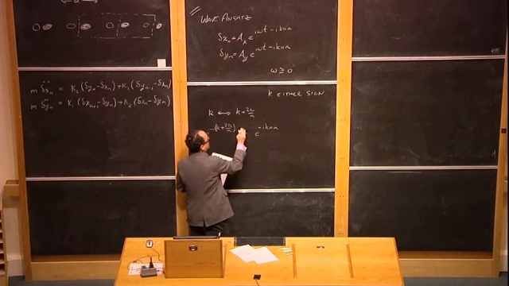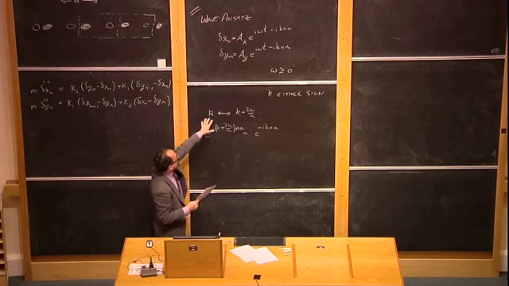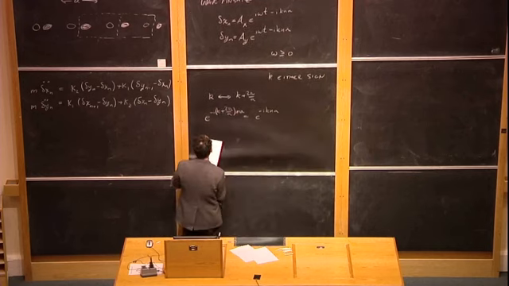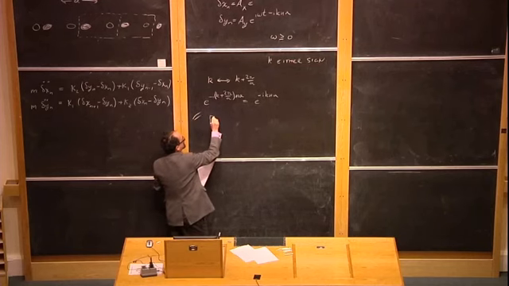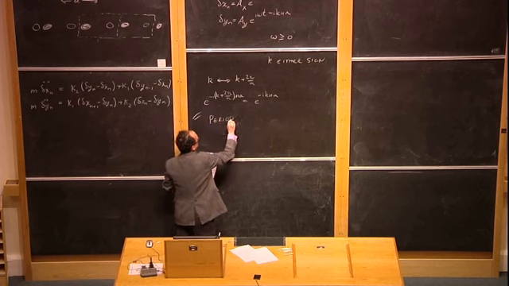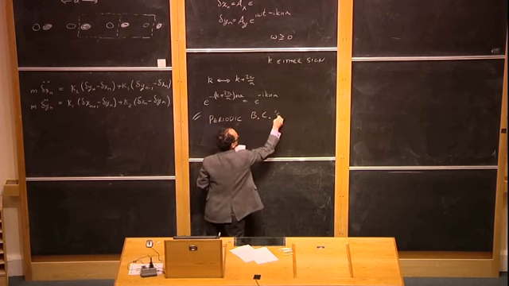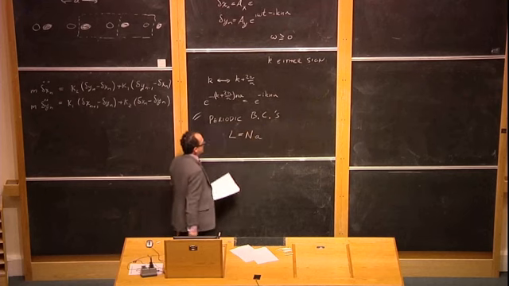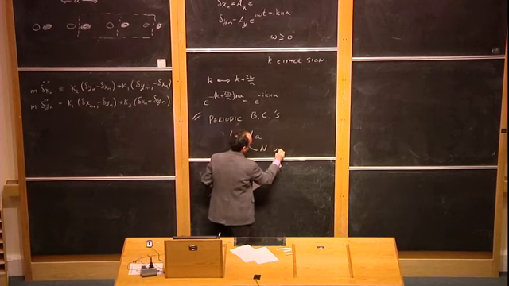Those two are exactly the same. So if you shift k by 2 pi over a, you get back exactly the same waveform. Rather important fact we found out last time. Just a couple other things. We're going to use periodic boundary conditions. We'll use a system of length L equals N times a. So this means we have N unit cells.